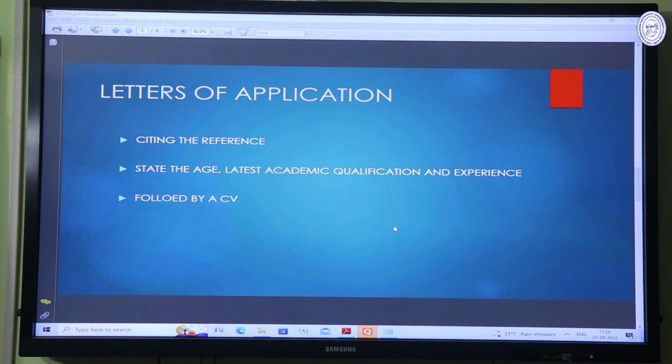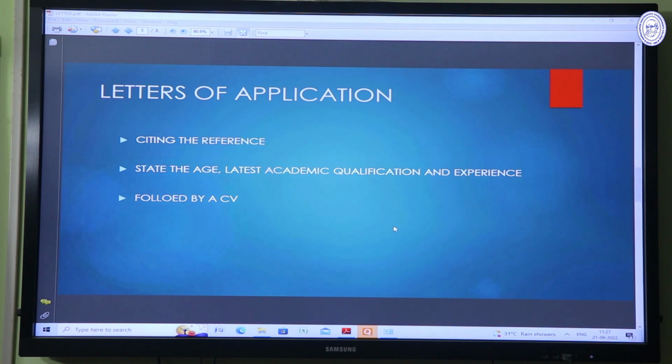When you write a letter of application, first cite the reference from where you got the news of the vacancy, from a newspaper, from a website, from a person, just cite that. Then mention your latest academic qualifications, the latest one, not the entire thing. Then if you have an experience, mention that. And then of course, you have to write that along with this, I am sending my CV for your better review.